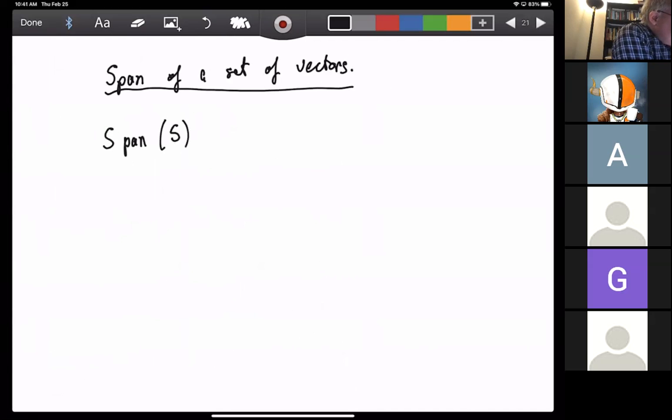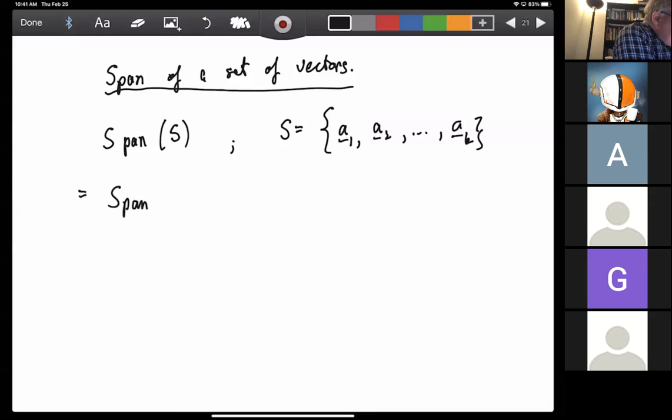Okay, so when we talk about the span of a set of vectors, so S is a set of vectors. Right, so what is the span of S, or the span of that set?